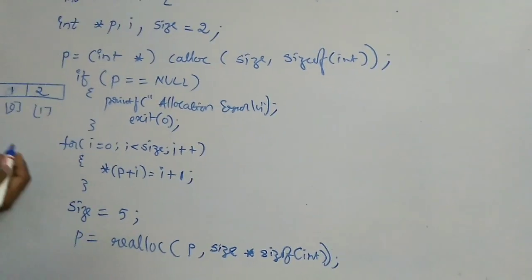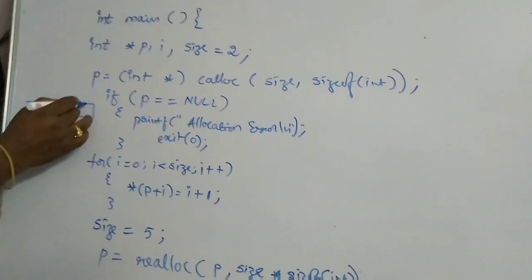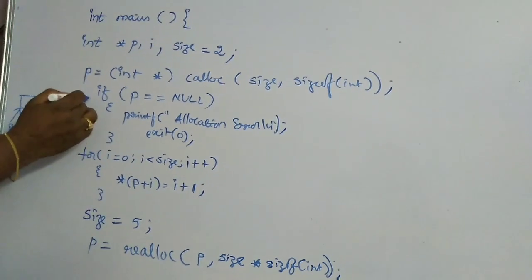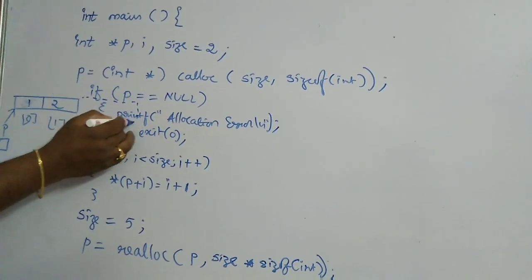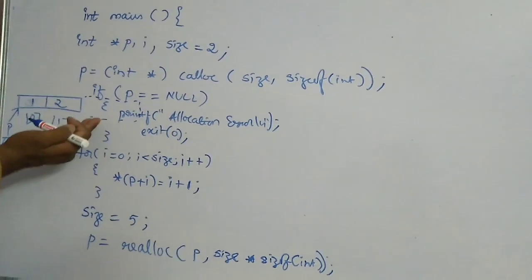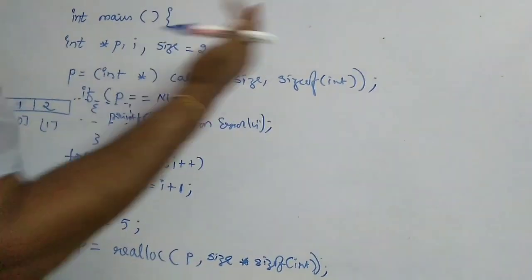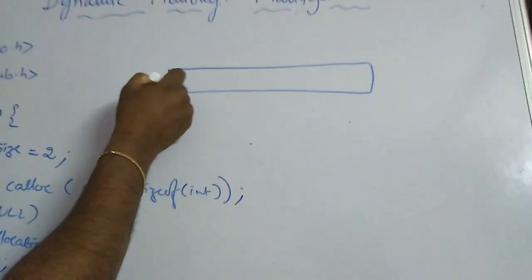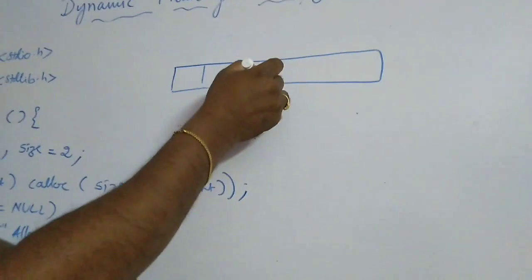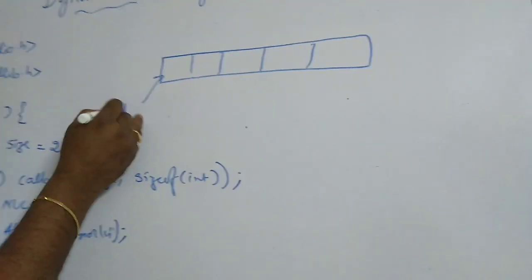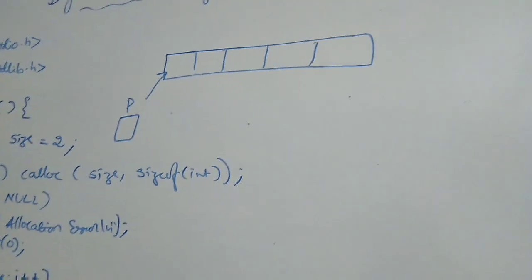So what happens here is, maybe if the space is available here only, the array will be increased. If the space is not free here, it will allocate an entirely new address. That means an array will be created here like this, where you can store all 5 elements, and the address of the first byte is given to the pointer p, that is here.